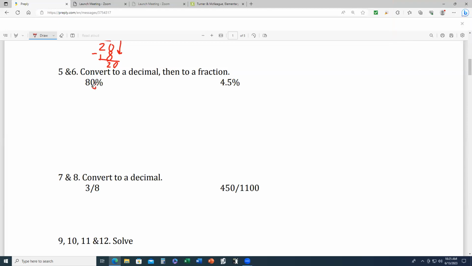Two places to the left. So 80% to a decimal is 0.8. Or 0.80.